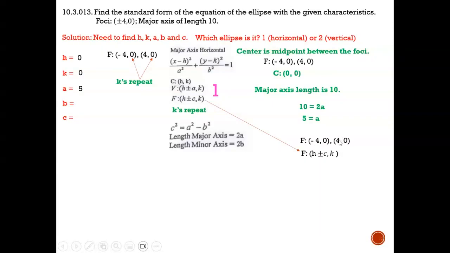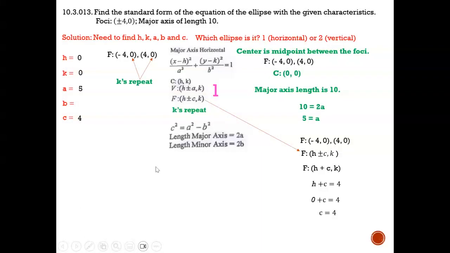If you do the addition, it's going to be the larger value. So I'm going to stick with the larger value, h plus c, k. So h plus c must equal 4. My h is 0, so that leaves my c equal to 4. I got my c. So c equals 4.